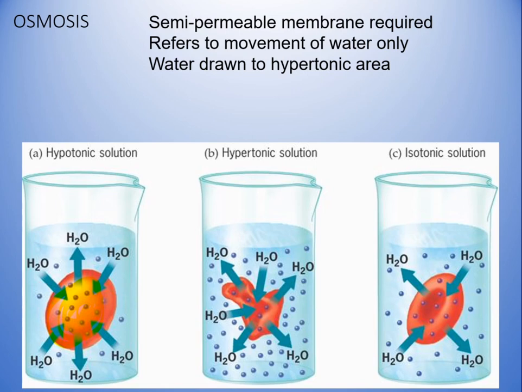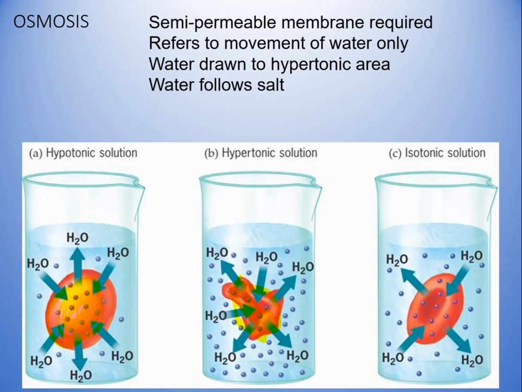And this cell in the middle is hypotonic. It doesn't have a lot of solute in it. So water is drawn to a hypertonic area. It's almost like the solutes draw the water to them, and they do. That's exactly what happens. And what you can hear some people say is, water follows salt.